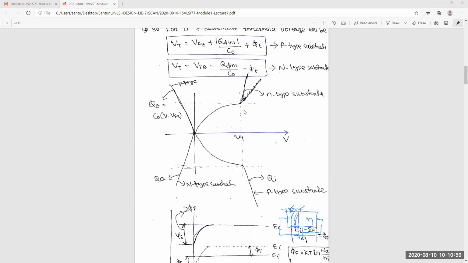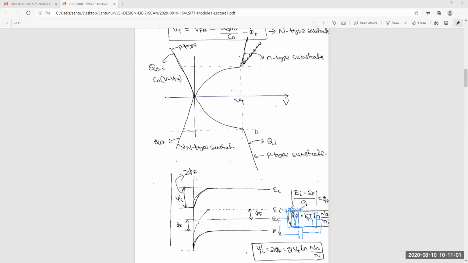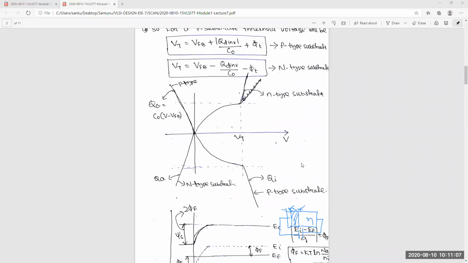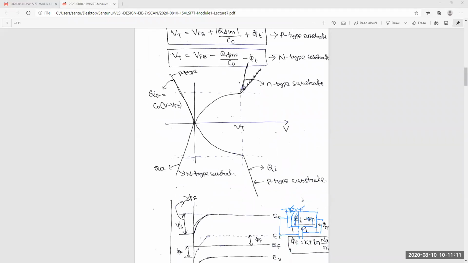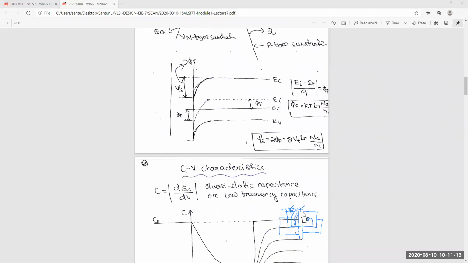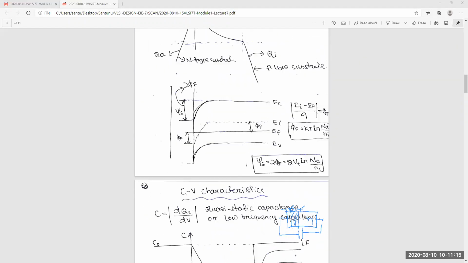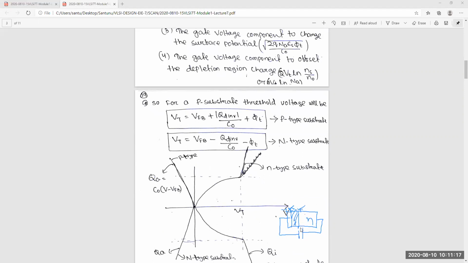Any doubt? Sir, I did not understand the minus phi t. That I have shown here in this image I have drawn.